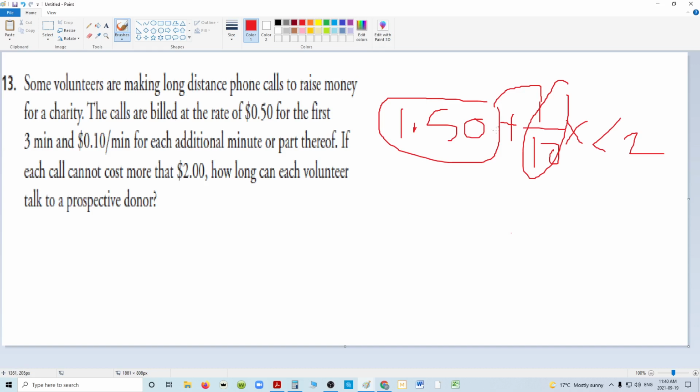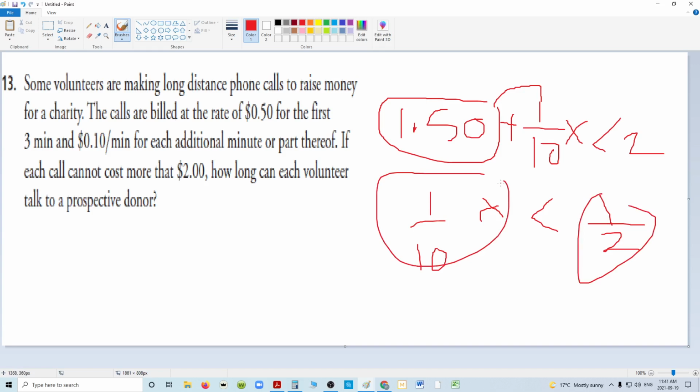So your first step is you have to get rid of that 150. So you subtract 150 on both sides. So 1/10 of x must be smaller than 50 cents. And we might as well use 0.5, which is the same as 1 over 2, right? $0.50 is 1 over 2 dollars.